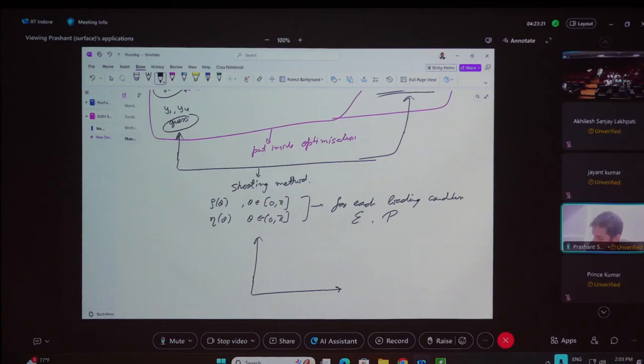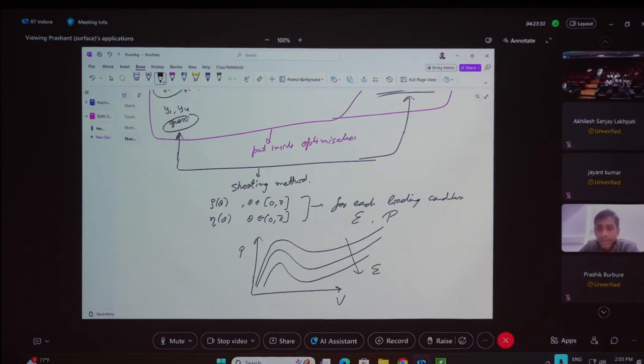You've got pressure against change in volume, and typically you get these curves for different electric fields. You keep on increasing the electric field, and the pressure keeps on going down. You can kind of assume that as you increase the electric field, the walls of the membrane are compressed, so it sort of expands a little more.